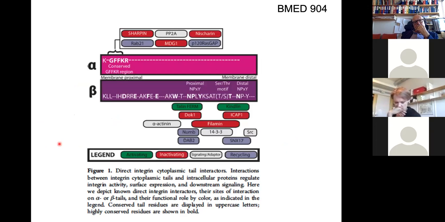And we said that much of what's known about integrin function comes from studies of the beta subunit. This is a slide showing the type of interactions that the cytoplasmic tail of the beta subunit has. Here you can see that two crucial proteins important for activation are talin and kindlin.